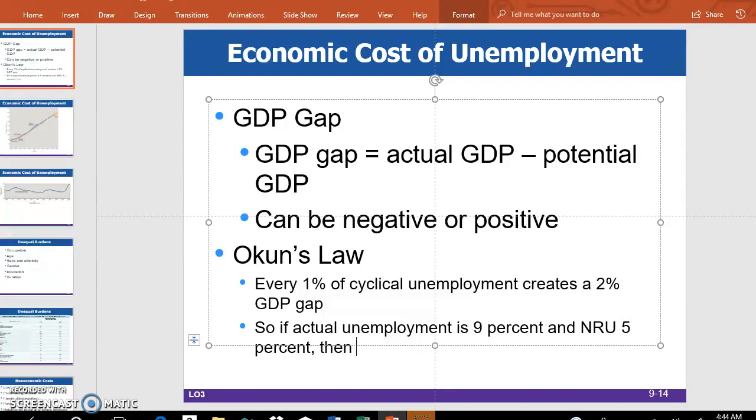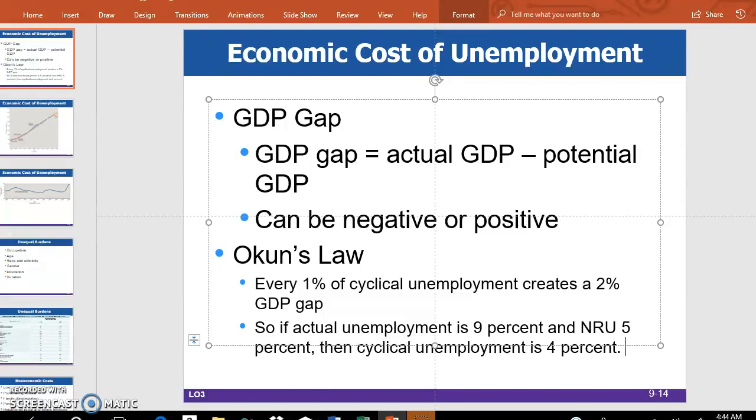Then cyclical unemployment is what? It is 4%, right? That is the difference between the actual unemployment rate and NRU.